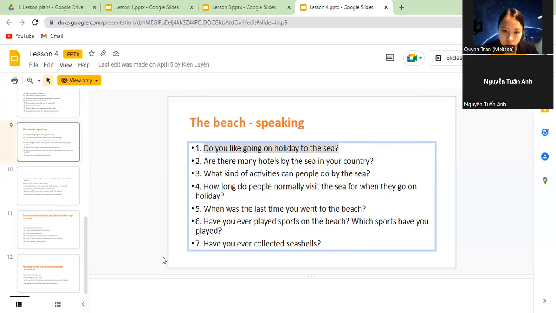The second one, I will suggest: do you know any filler words or connectors? Yeah. So can you give me some examples? Like and, therefore, however, but, and so on.